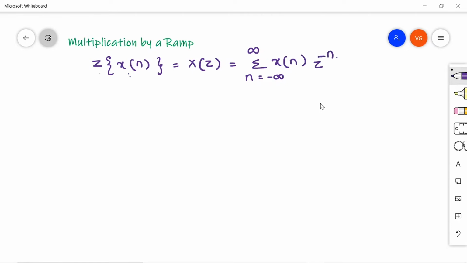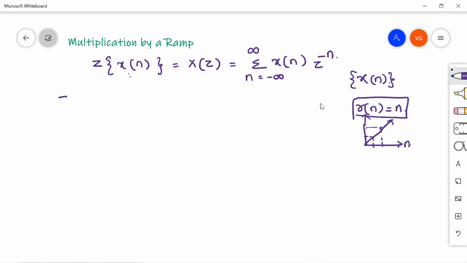Now if you multiply the input signal, that is x of n, by a ramp signal, the ramp signal r of n is represented as n, right? That is, for n equal to 0, 1, 2, r of n is equal to 0, 1, 2, like this. So this is your ramp signal, right? So this is r of n and this is n. So r of n is nothing but n.